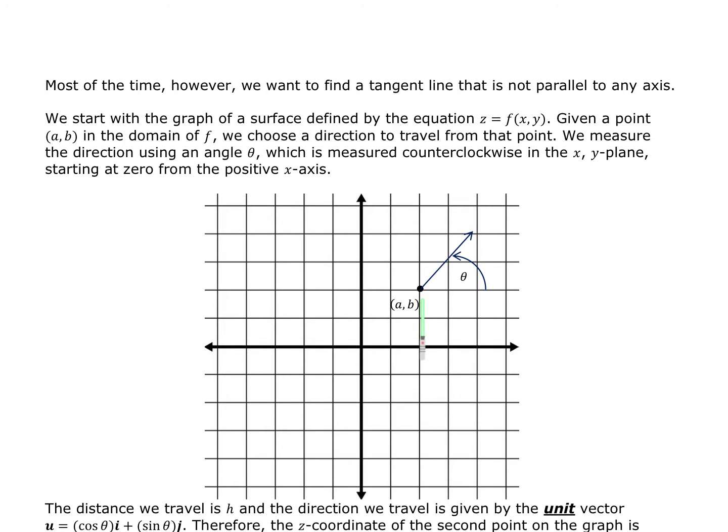So if I wanted to know the slope of my tangent line in this direction, I'd need to know this angle that is referenced off of the x-axis. And I just put this point (a, b) arbitrarily on the xy plane.